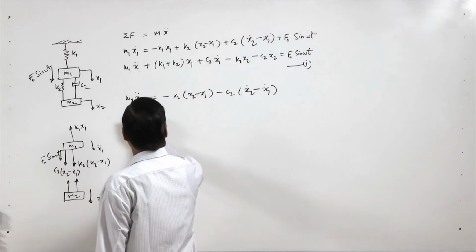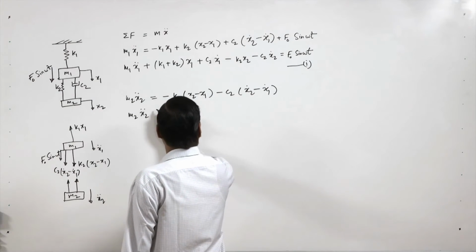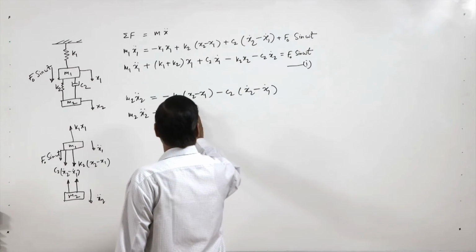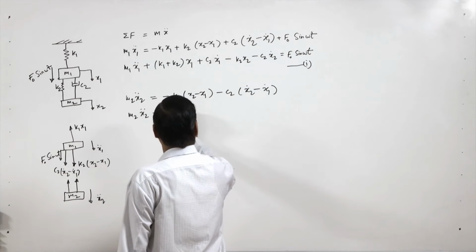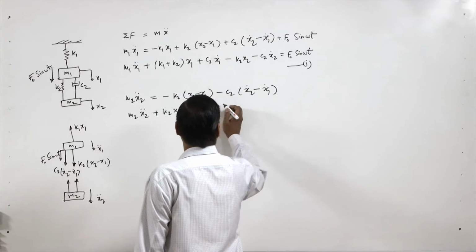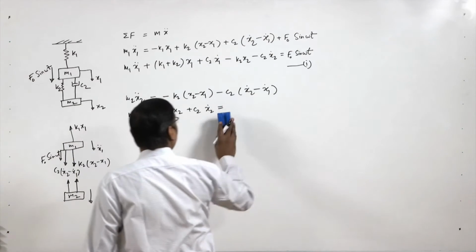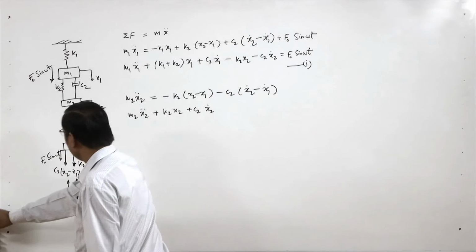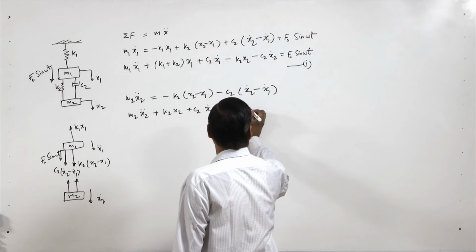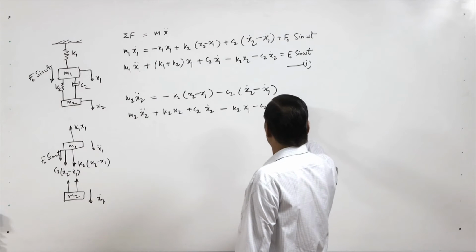So now we can write m2 x2 double dot plus k2 x2 plus c2 x2 dot equal to minus k2 x1 minus c2 x1 dot, that is equal to 0.